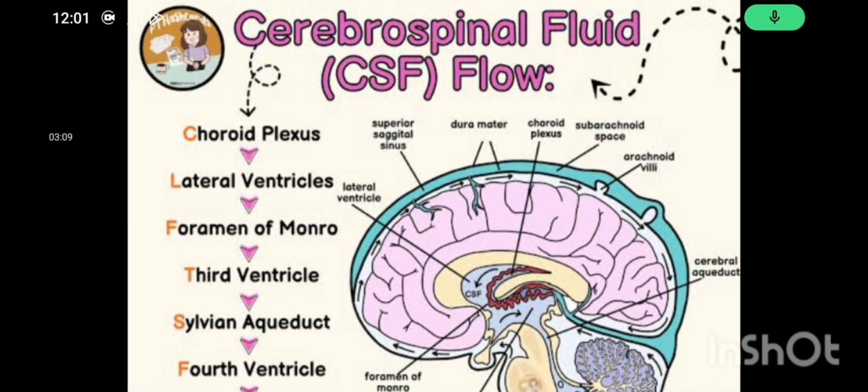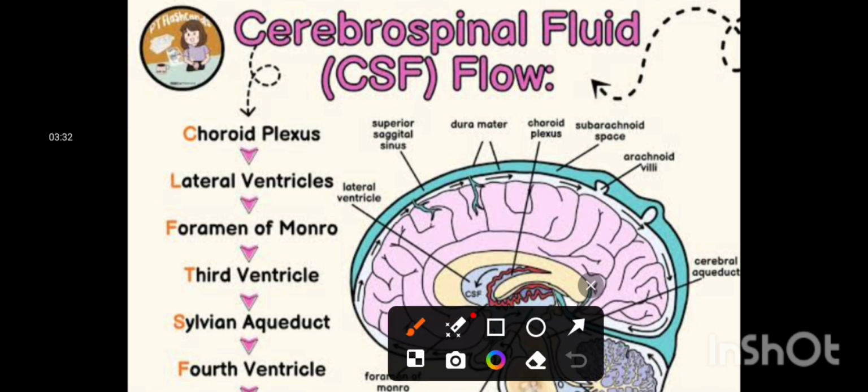Now here is the cerebrospinal fluid circulation. The CSF is filtered from the circulation in the choroid plexus. And what is the choroid plexus?